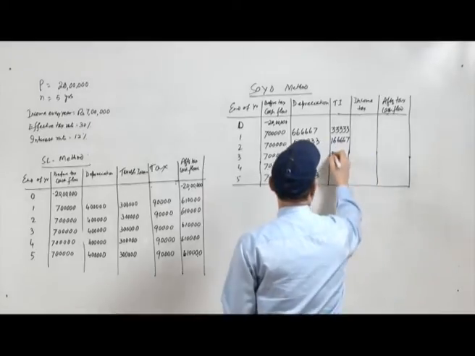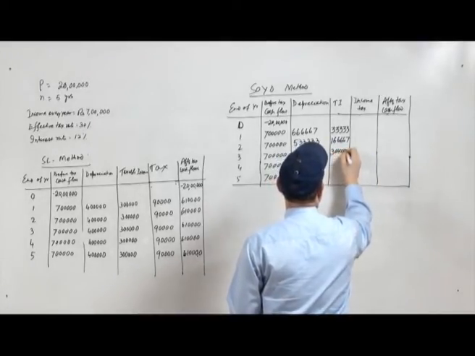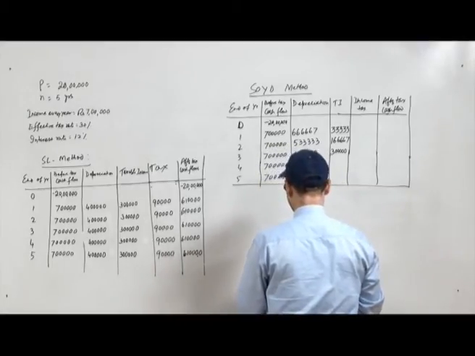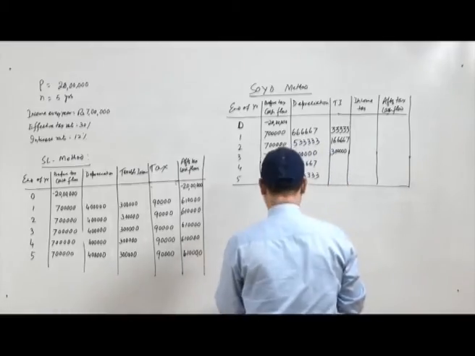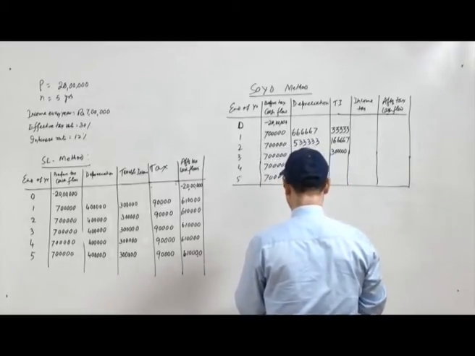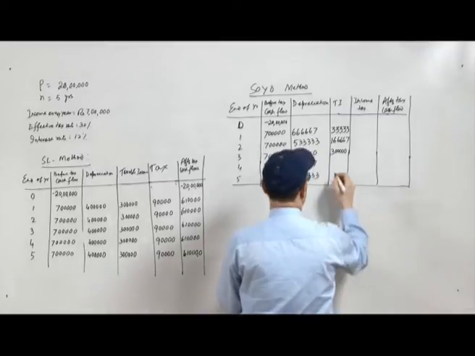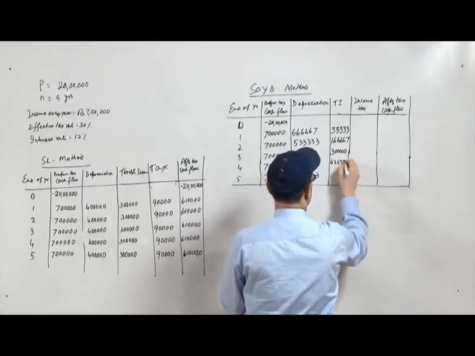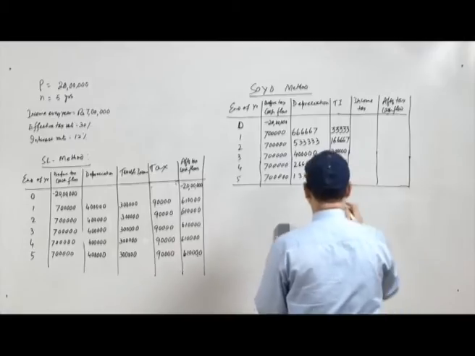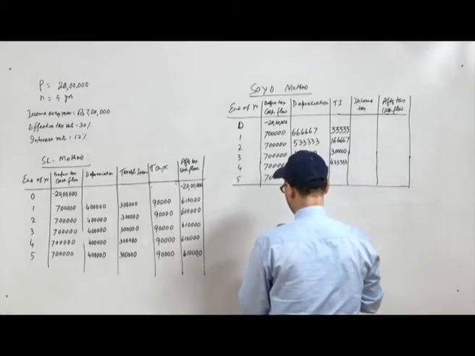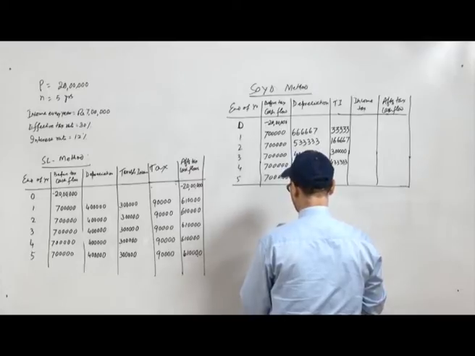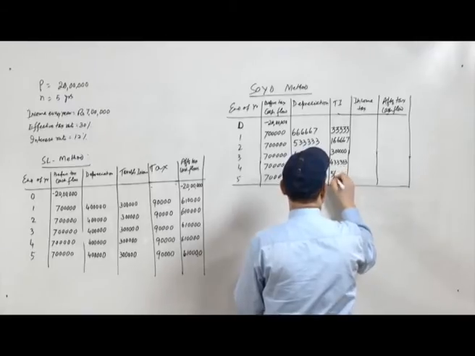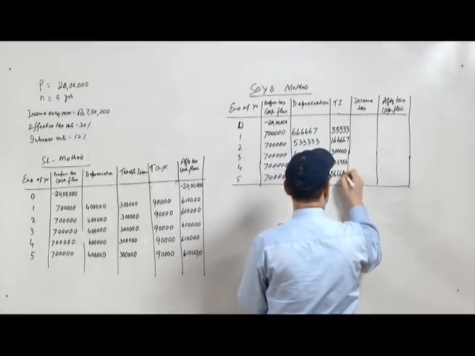Then 3 lakhs, and then minus 2,66,667 gives 4,33,333, and then 7 lakh minus 1,33,333 will be 5,66,667.